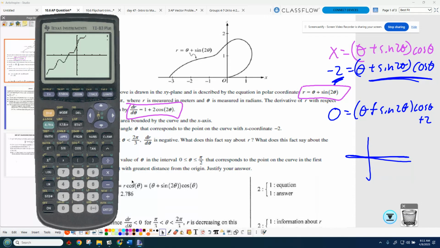Okay. I did something wrong. I missed another parentheses.